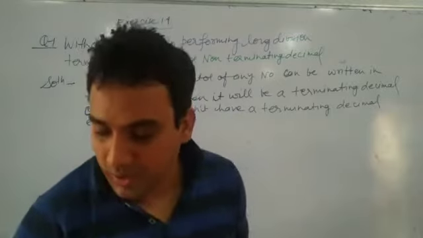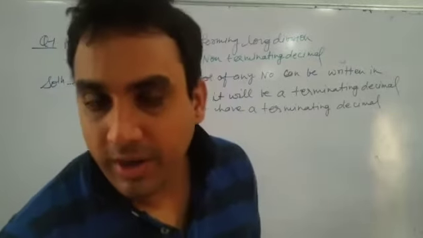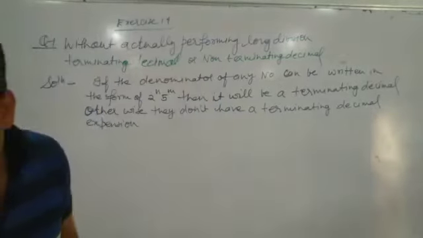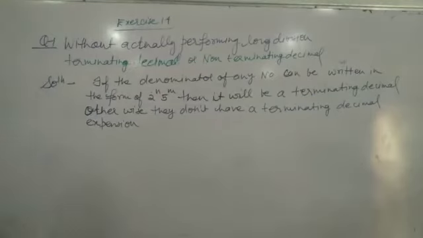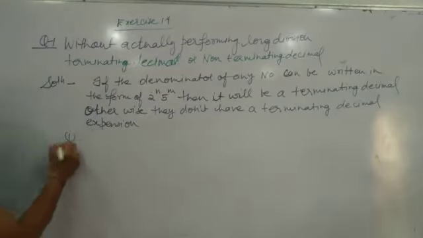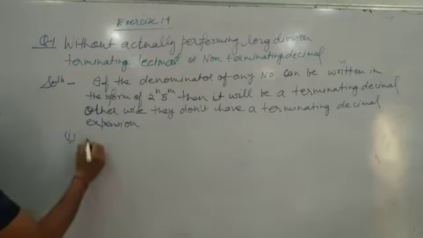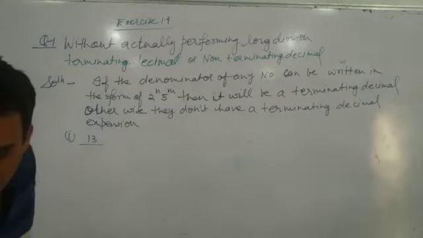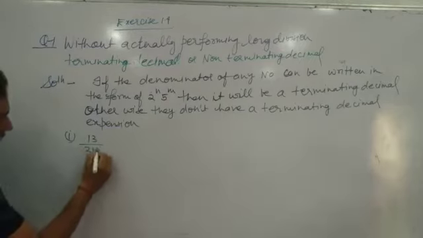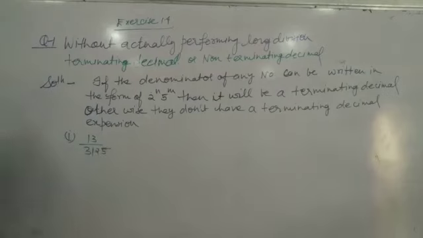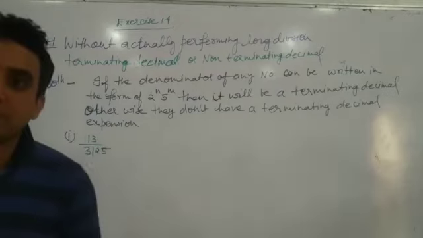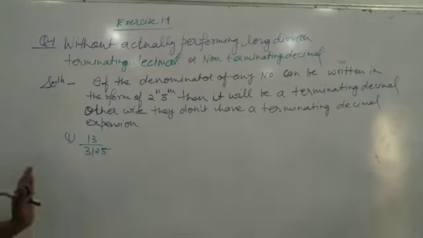Now I am going to clear this by an example, which is the first question of your exercise 1.4, question number 1's first part. It's 13 upon 3125, and we have to check whether it is a terminating decimal or non-terminating decimal without doing the long division method.